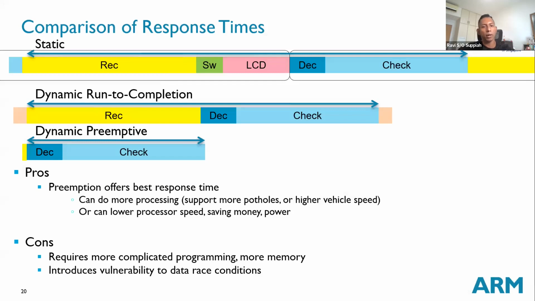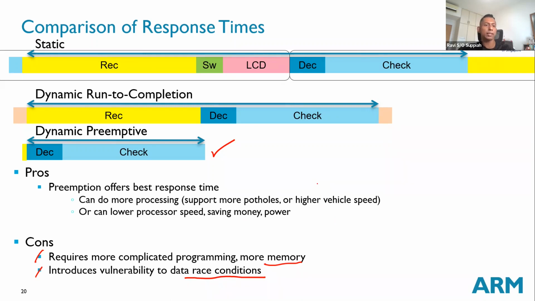If you compare all of this, definitely the dynamic preemptive is the best option. But of course this is not so easy. Theoretically, when you talk about it, we can say this is how it's supposed to be and this is how it's supposed to run. But it requires a lot more complicated programming, a lot more memory, and it also introduces other challenges, things like data race conditions, which we will talk about more when we deal with the OS.